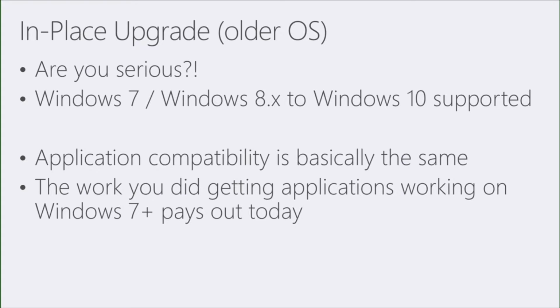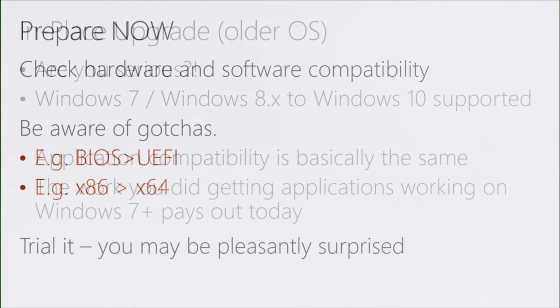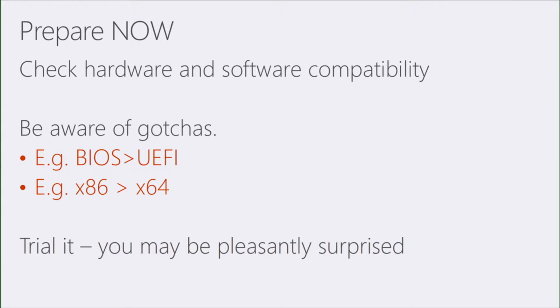So that should make life a lot simpler. And I know that from experience. People that we talk to at the user group, when they go from 7 to 8.1 or 8.1 to 10, they tell us, yeah, I'm not going to say easy, but that was a lot more straightforward than we thought it was because we didn't have any of those kinds of problems like moving from XP. So try it.